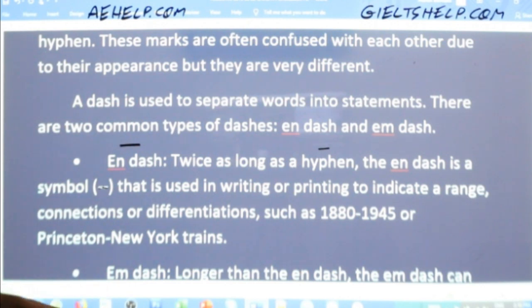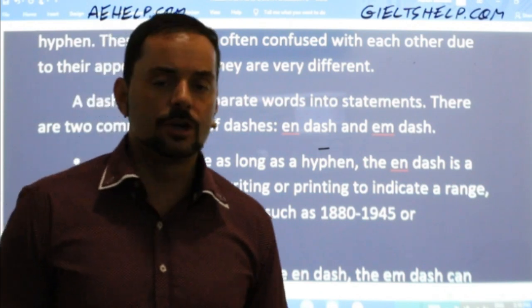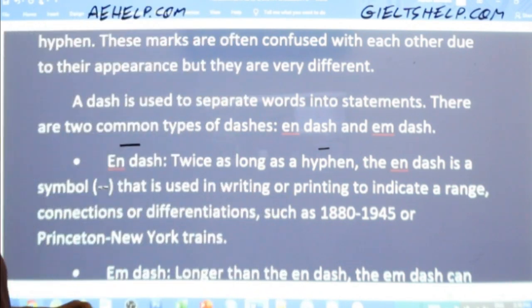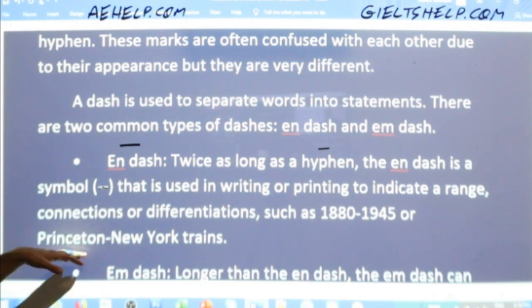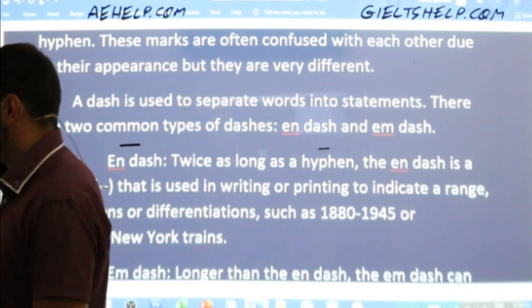These days, because of a lot of new words and combination words coming into the English language, you see this use of the N dash quite often. I'll give you an example.